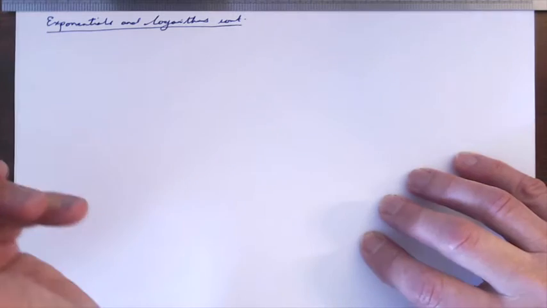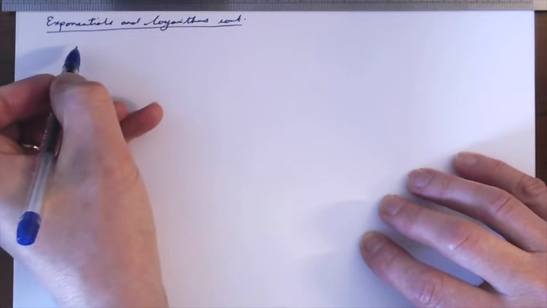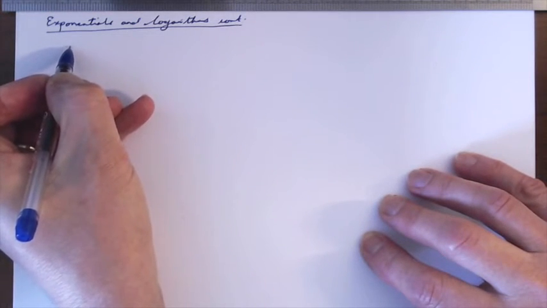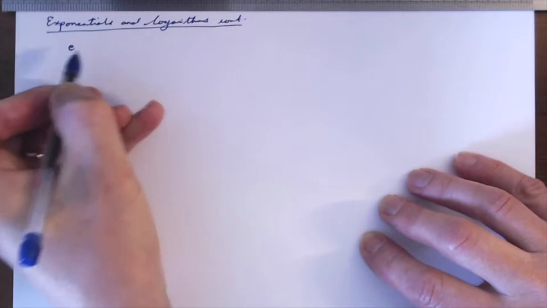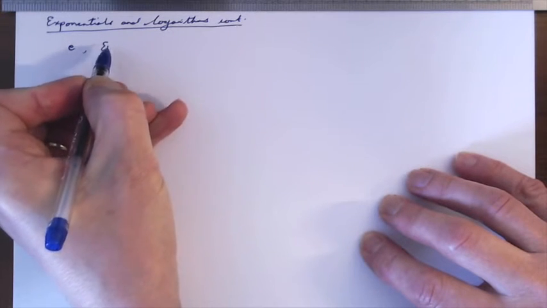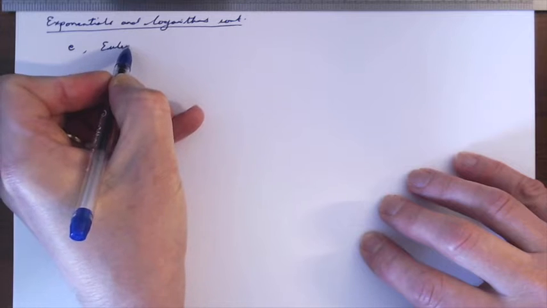And let me just tell you the name of this number. It is commonly given the symbol E and is sometimes known as Euler's number.